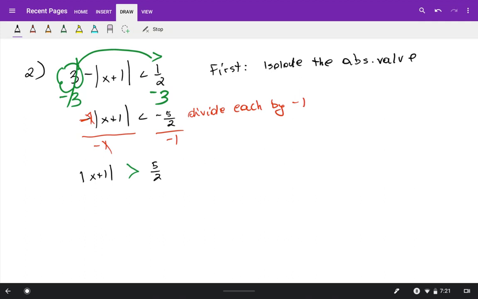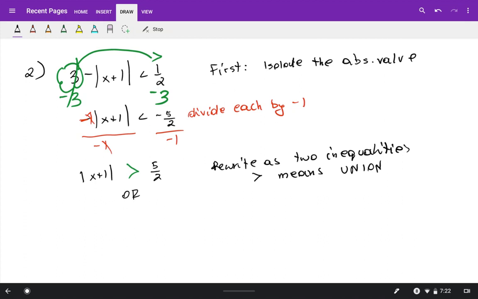So just remember that greater means or. So we're going to rewrite it as two inequalities. The symbol greater means union, and we're going to find the union.